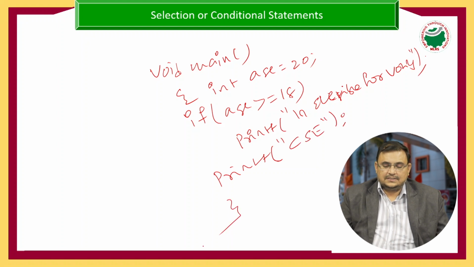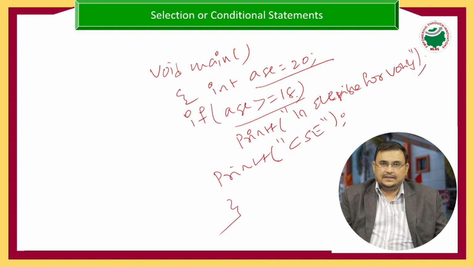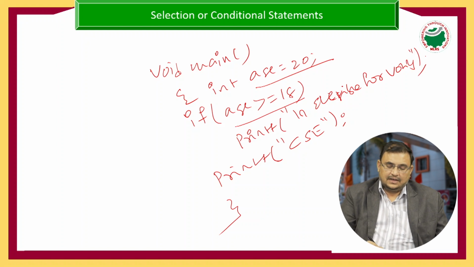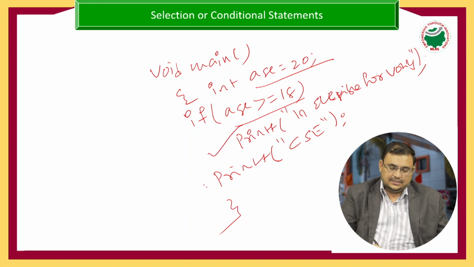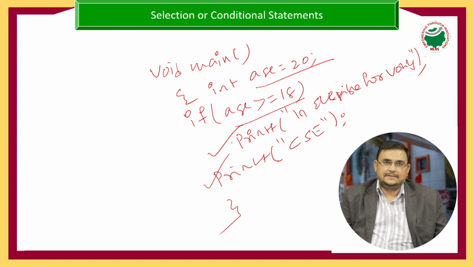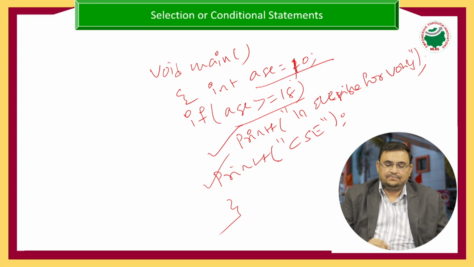So you can see this example. If the age value is 20, 20 is greater than or equal to 18, the condition is true, then it executes eligible for voting as well as it prints statement X as csc. Both are printed on the screen. Assume this age is 10.